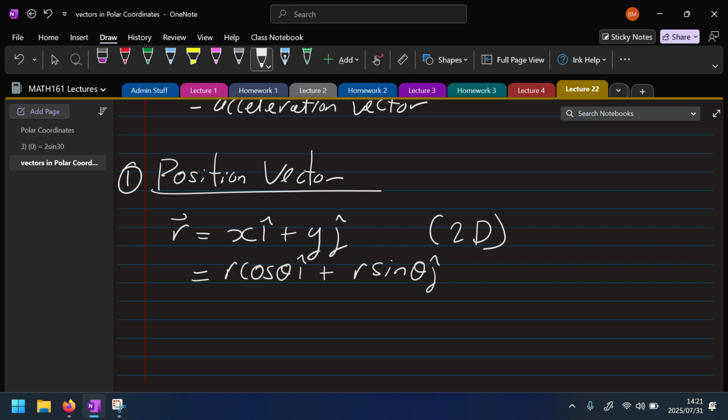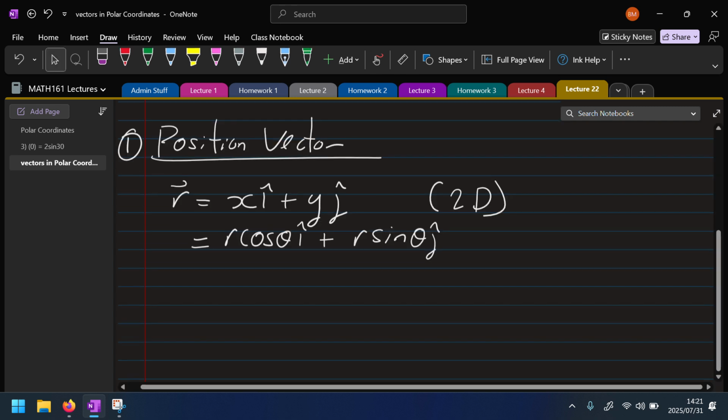Now, something very important to note is that since we're going to be dealing with this in physics terms, this is all going to be dependent on time, right? If you have some particle moving around with a position vector, the position vector depends on time because it's moving around. The velocity vector depends on time, and so does acceleration.